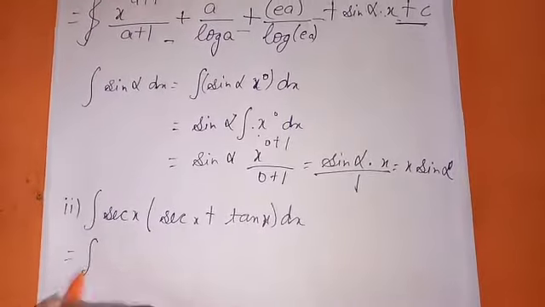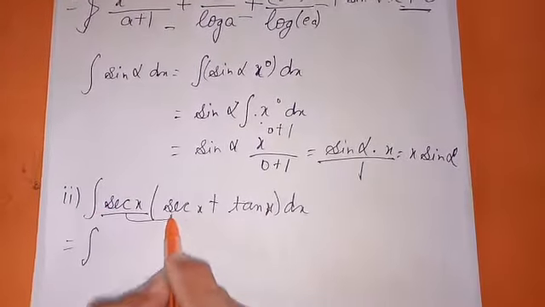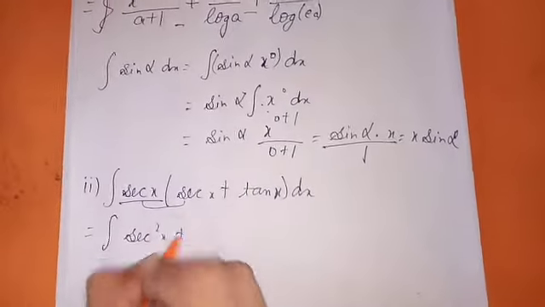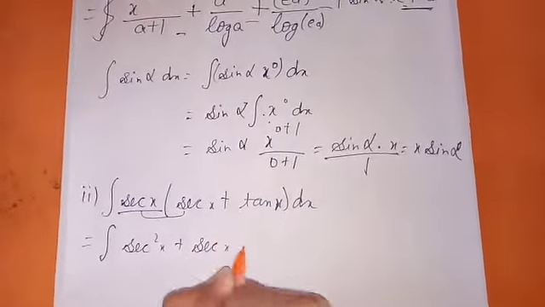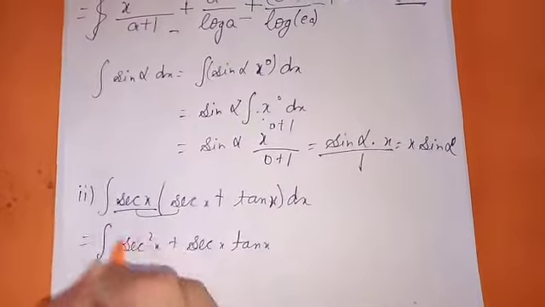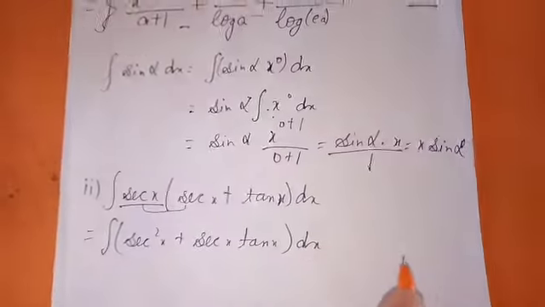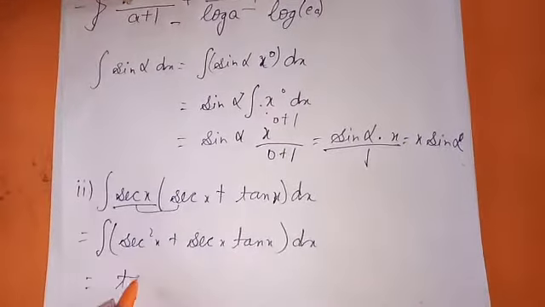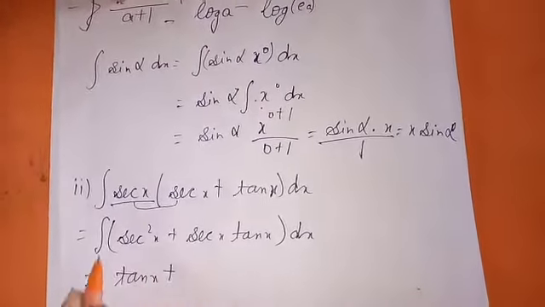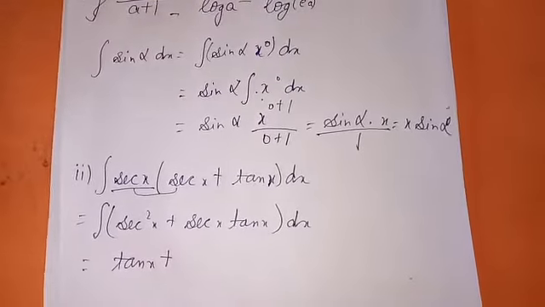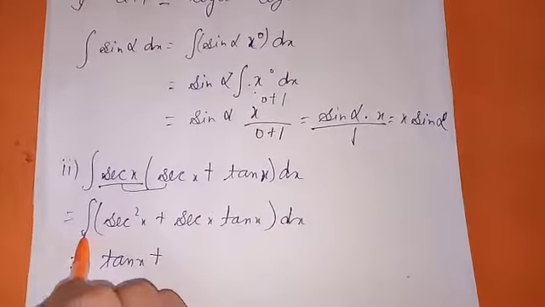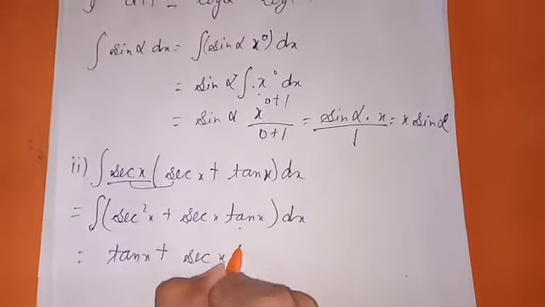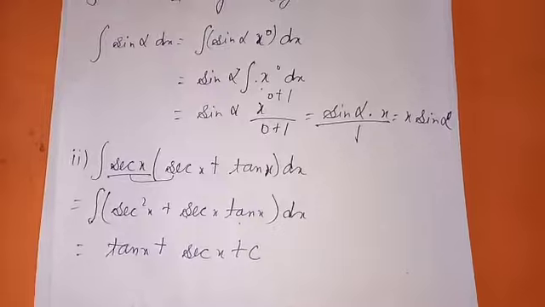So first of all we can multiply this inside, so we will get secant square x plus secant x tangent x, and now we can integrate it. So the integration of secant square x is tangent x plus the integration of secant x tangent x, which will be secant x plus c.